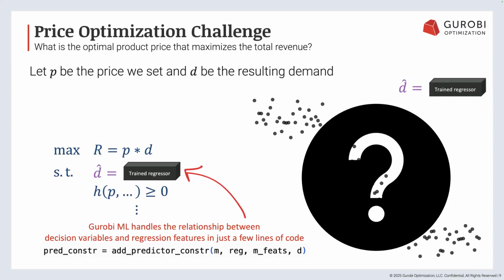Reg is some trained regression model that you have. Feats is just the features of your regression model, which will also contain Gurobi decision variables, and then D is the output decision variable, the output of your machine learning model.